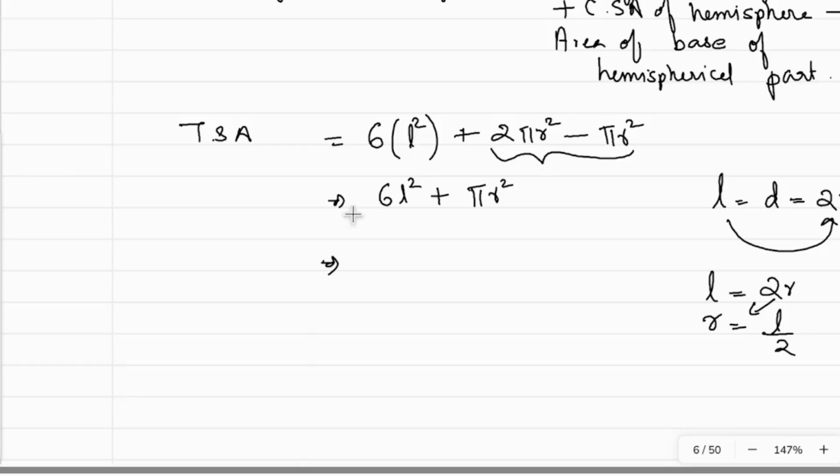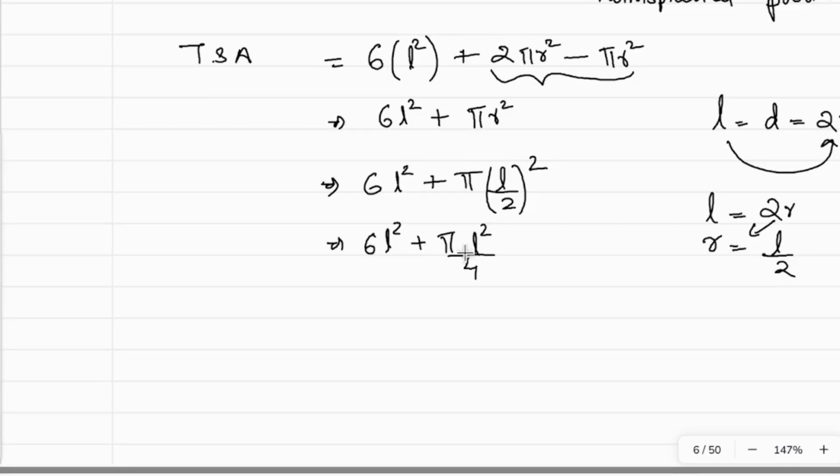So, let me substitute that value here in this equation. 6L square plus pi into R, which is L by 2, the whole square. Okay, that is 6L square plus pi L square by 4. Here we will have to take the LCM, so I need to multiply with 4, because my LCM is 4.